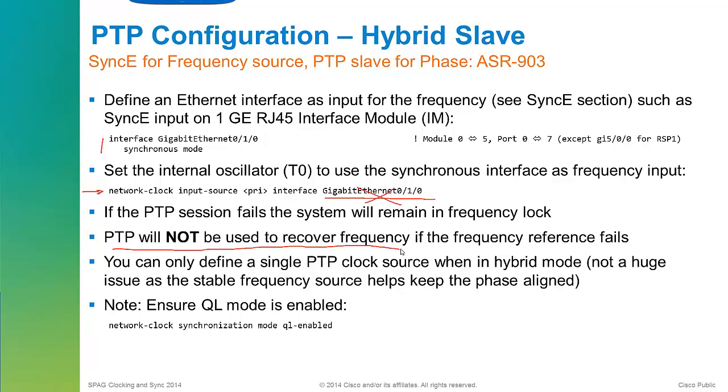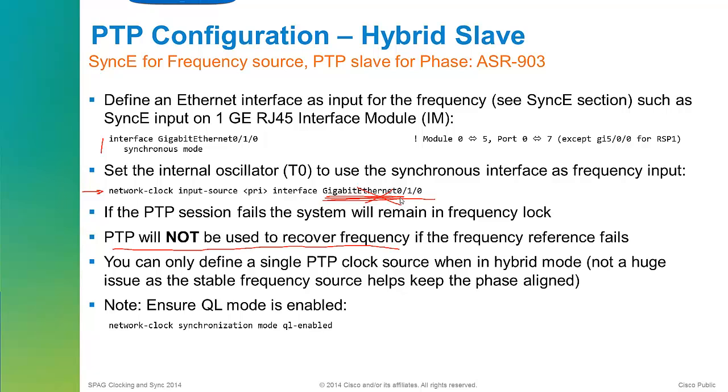So it's much better to have a redundant frequency source, like having 2 gigabit Ethernets, because that will give you redundancy. If you lose PTP but you still have the frequency sources, the frequency stability you're getting from Synchronous Ethernet is so good that it will keep phase fairly well aligned for a long period of time.